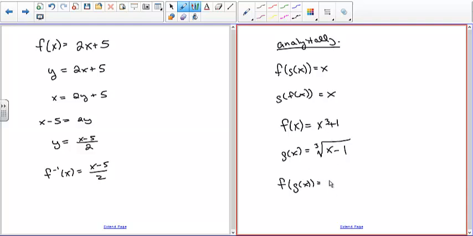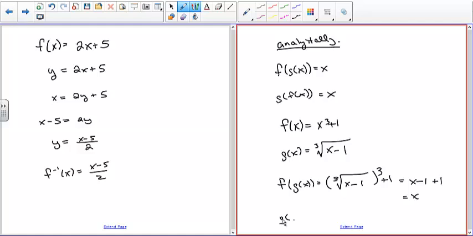So you'll have the cube root of x minus 1, the whole thing cubed, plus 1. Well, when you cube the cube root, you just get what's inside. So the cube root of x minus 1 cubed is just x minus 1. You see the ones cancel out, you get x. So that's the first thing.